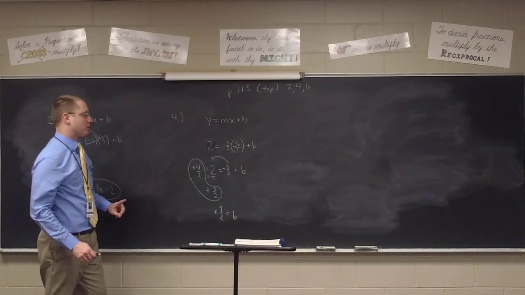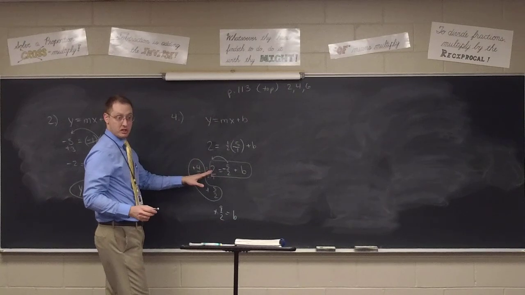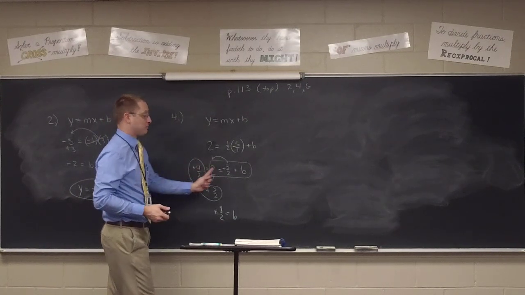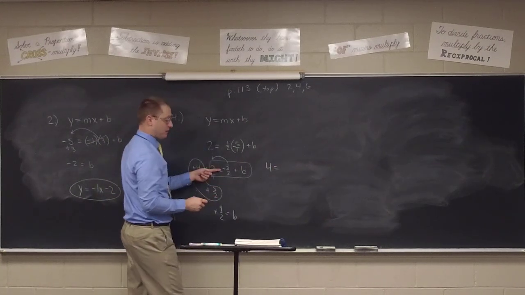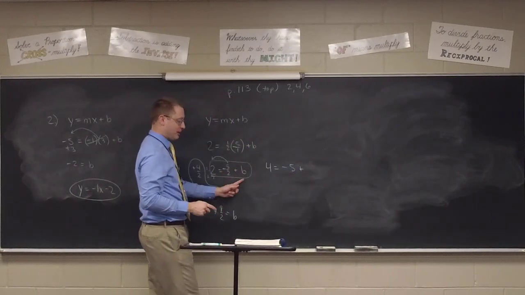The other option would be once you get to this point, go ahead and multiply everything by the LCD. It's what we always do with equations that have fractions. Multiply everything by a 2 to get 4. We multiply this by 2, -5. But don't forget this also has to be multiplied by 2.